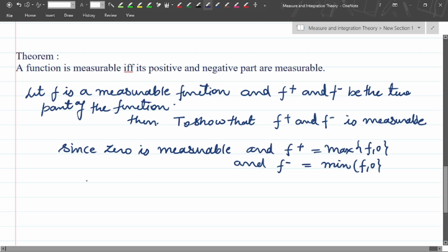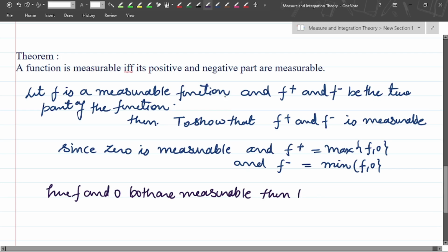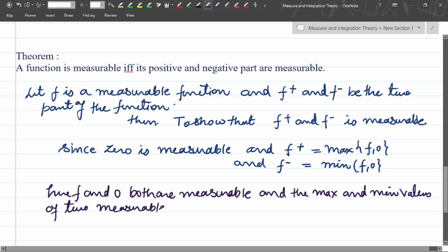Now, here f and 0 both are measurable, and earlier we have proved that the maximum and minimum values of two measurable functions are again measurable.